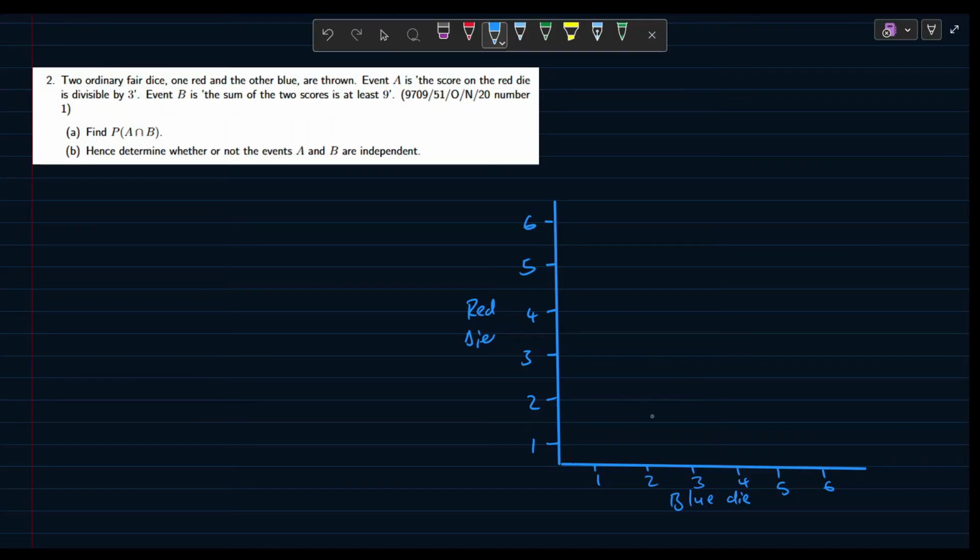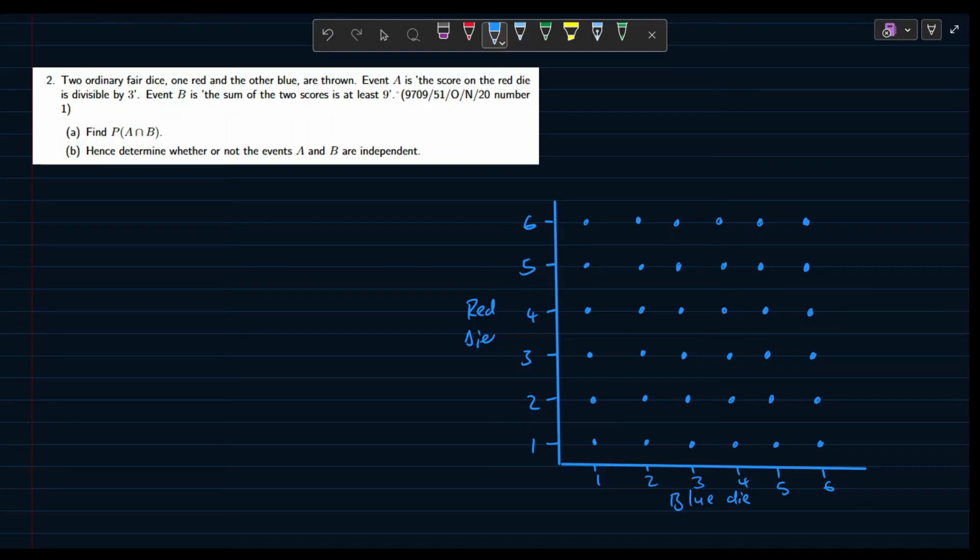So I'm just going to put dots at every possible combination of events that can occur. Then we're going to figure out which outcomes represent event A and which outcomes represent event B. Alright, so these are all the possible combinations of outcomes that we can have.